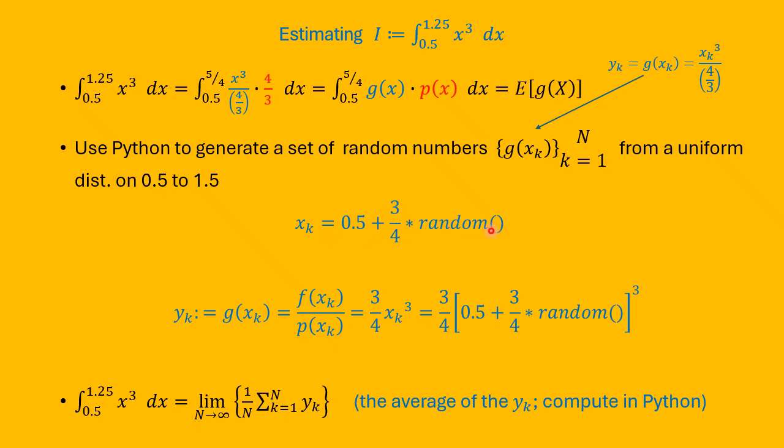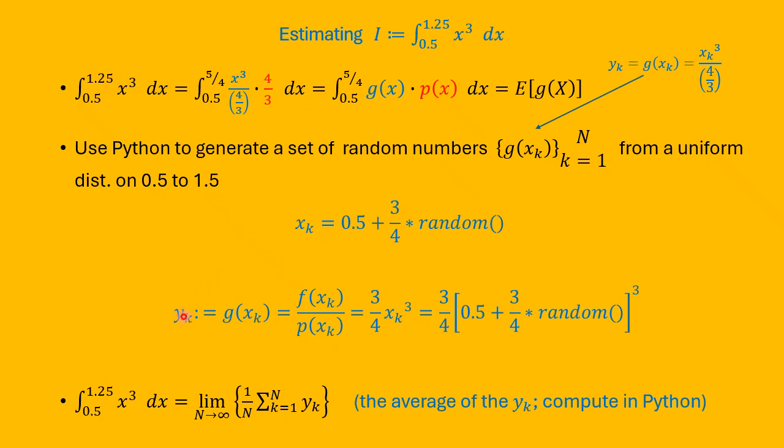Now, if random happens to be 0, then x sub k will be 0.5 plus 3/4 times 0, which is just 0.5. At the other extreme, if this randomly chosen pseudo-random number is 1, then we'll have 0.5 plus 3/4 times 1, which is 1.25.